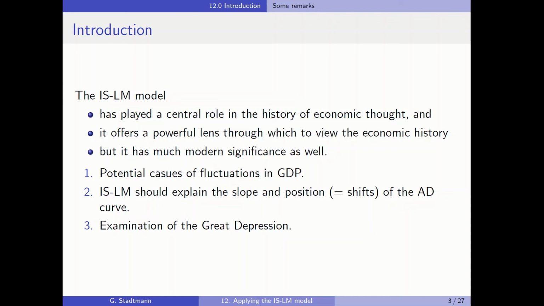The slope of the AD curve, this is obvious what it means. Position implies that the AD curve can shift in case something happens in the ISLM model. We'll focus on that in the second part. And then in the last part, we will examine the Great Depression on the basis of this theoretical model.